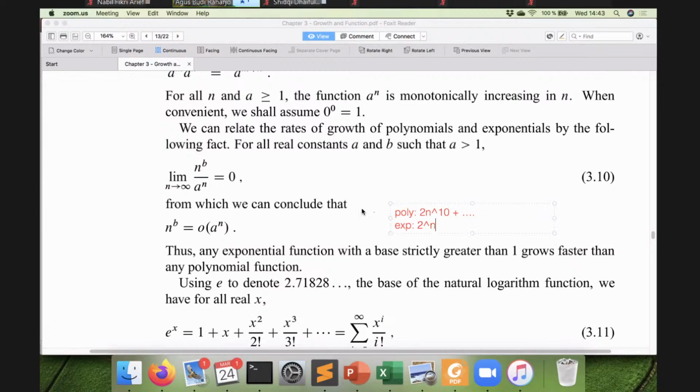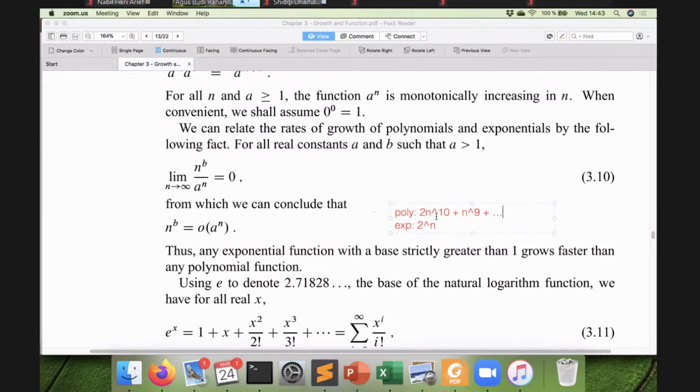You see over here, pay attention sometimes, because I think this one is higher than this exponential.